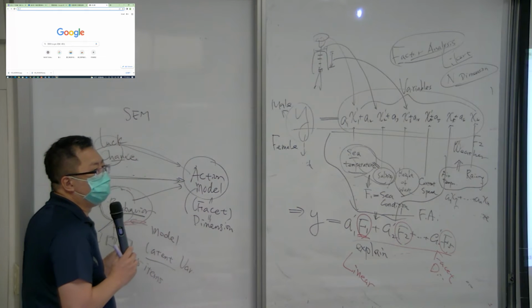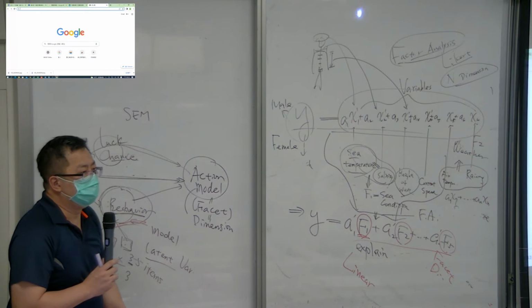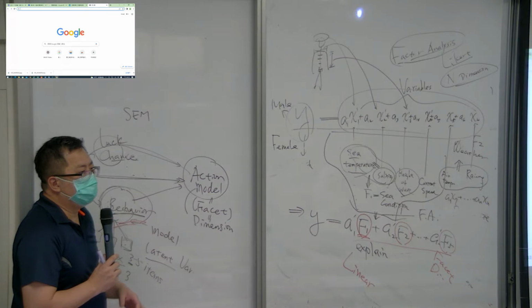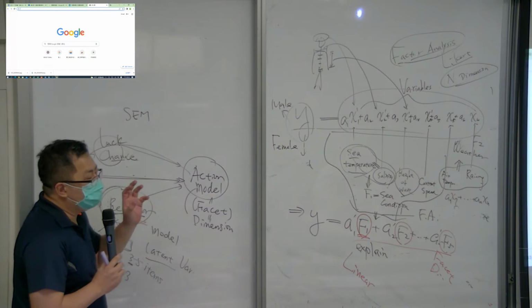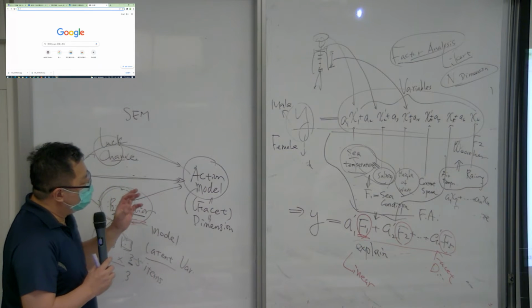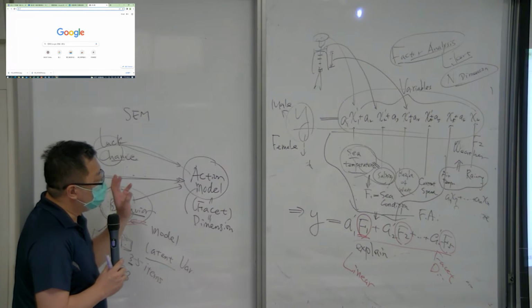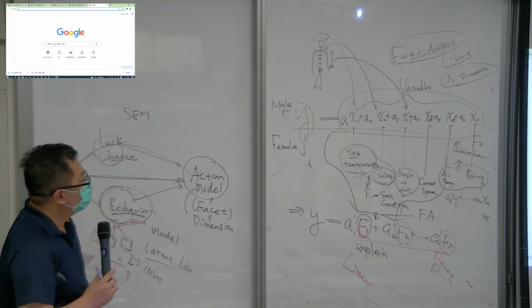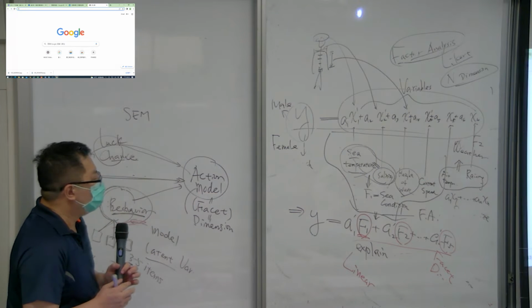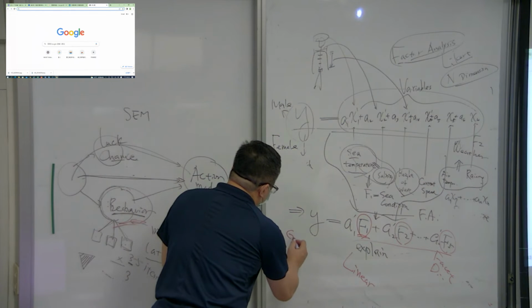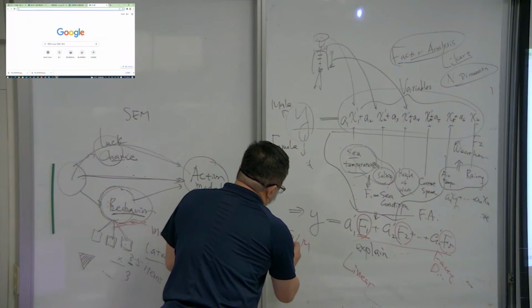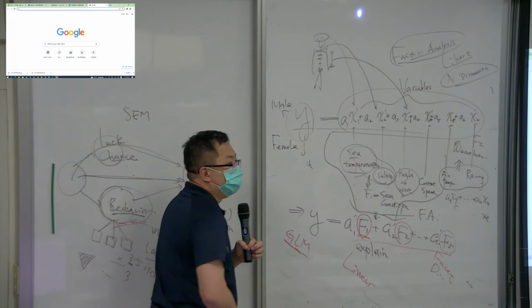This one is multi-linear, not multi-regression. This is what we call GLM, general linear model. Okay.